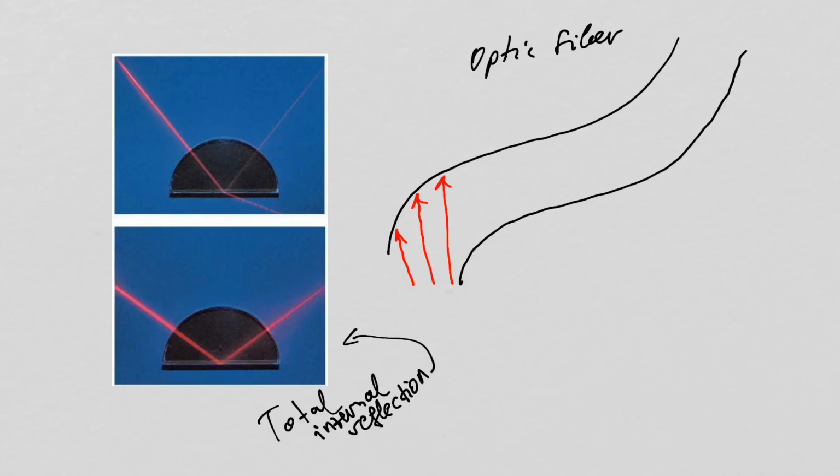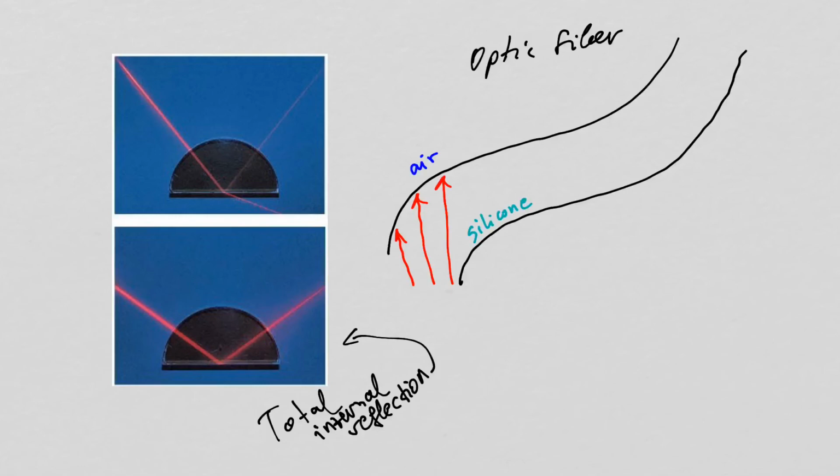So the light is carrying information, a signal, and the light rays are incident upon the optic fiber walls here at angles that are larger than the critical angle for transition from the material of the optic fiber into air.